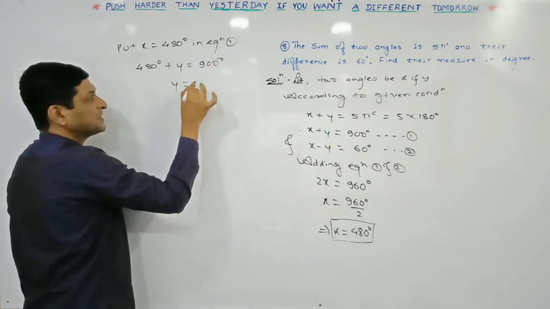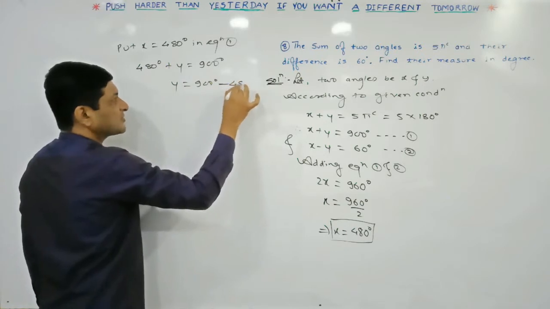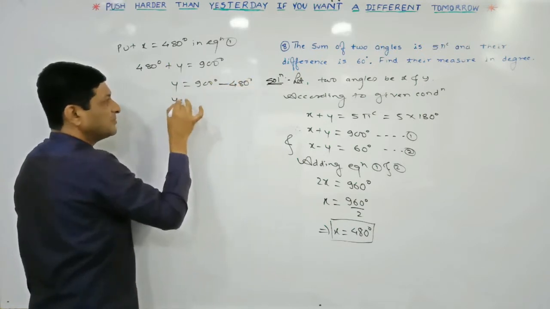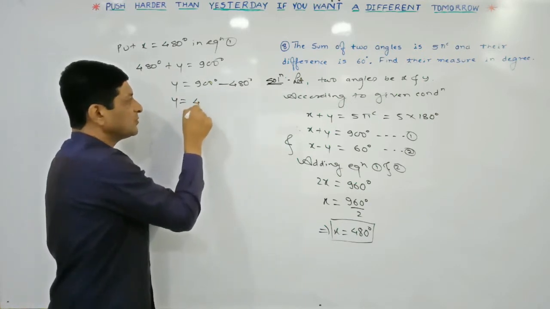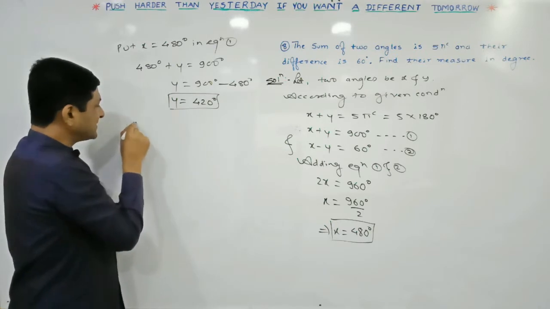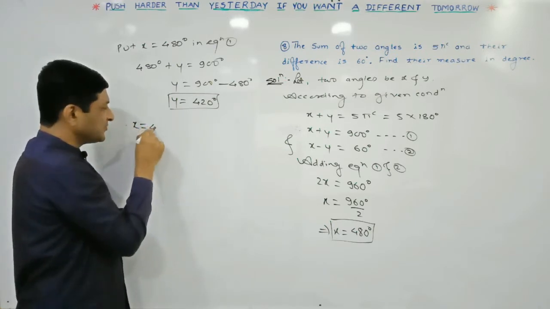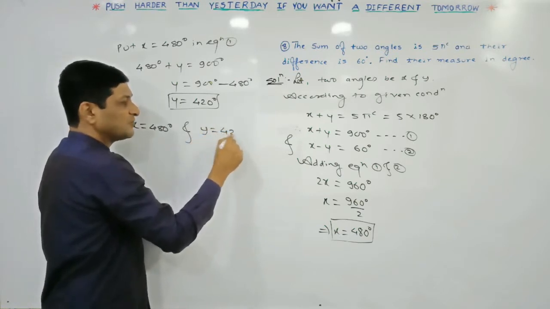Simplify it. So y is equal to 900 minus 480 degrees. So y will be equal to, what is the difference? 900 minus 480 will be equal to 420 degrees. So therefore x is equal to, what is the value of x? 480, and y is equal to 420.